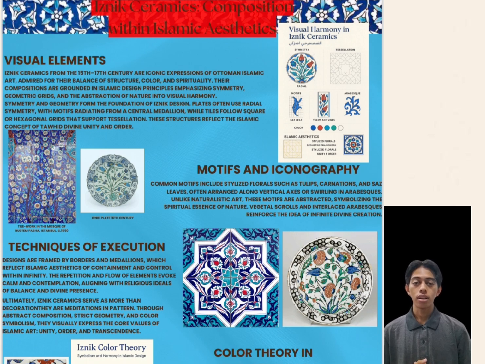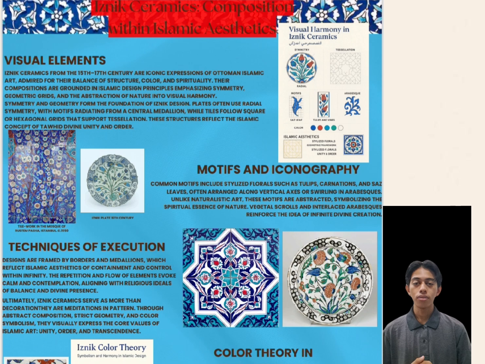Plates often have floral composition radiating from a center, while tiles are based on square or hexagonal grids that support tessellation. These grids represent divine unity and balance, which are central concepts in Islamic art.